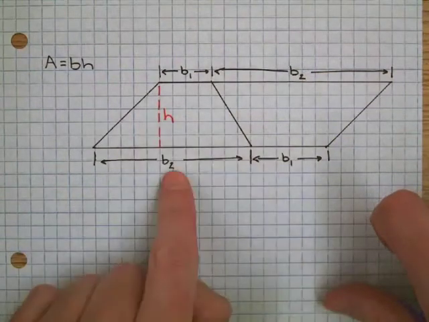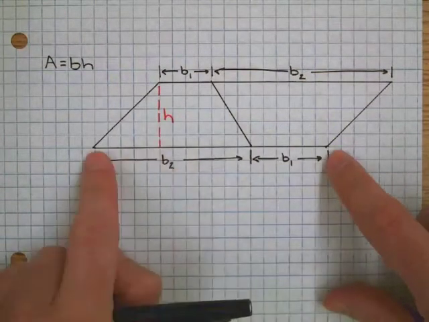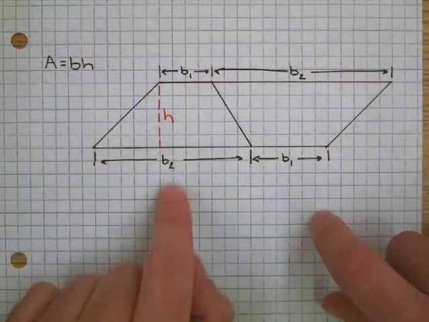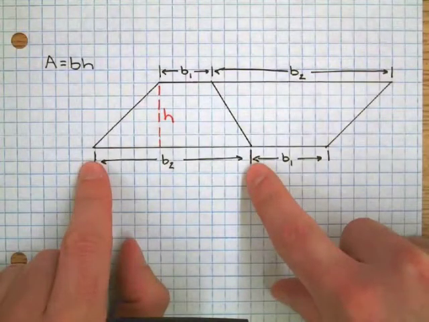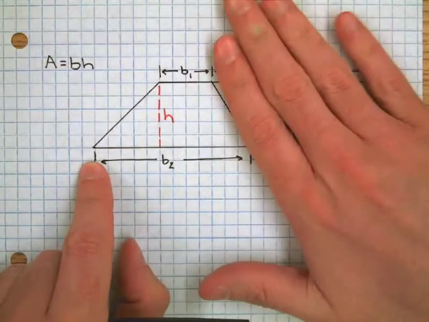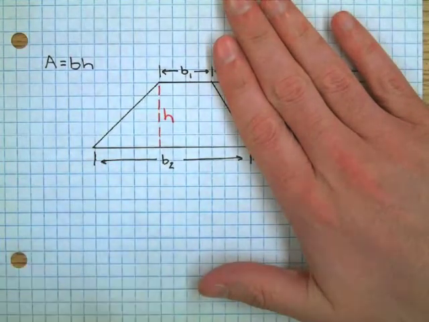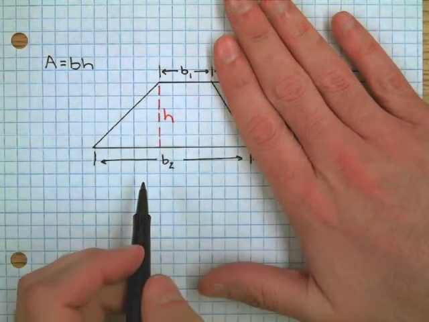So base 1 and base 2 here is the base for the entire parallelogram. That means that base 1 here and base 2 here, those added together will be the entire base for this figure as well. So how can we apply that?